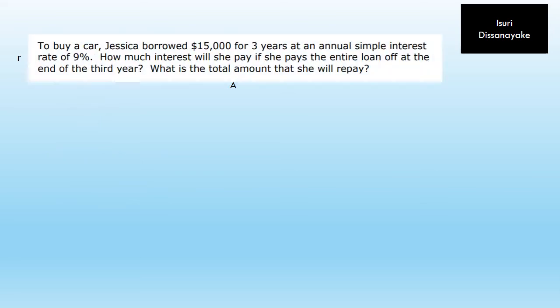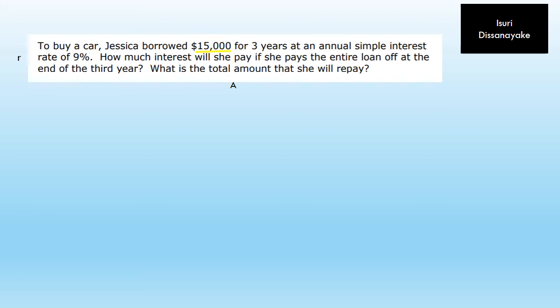Another example. To buy a car, Jessica borrowed $15,000 for 3 years at an annual simple interest rate of 9%. How much interest will she pay if she pays the entire loan off at the end of the 3rd year? What is the total amount that she will repay? So let's brief the question.